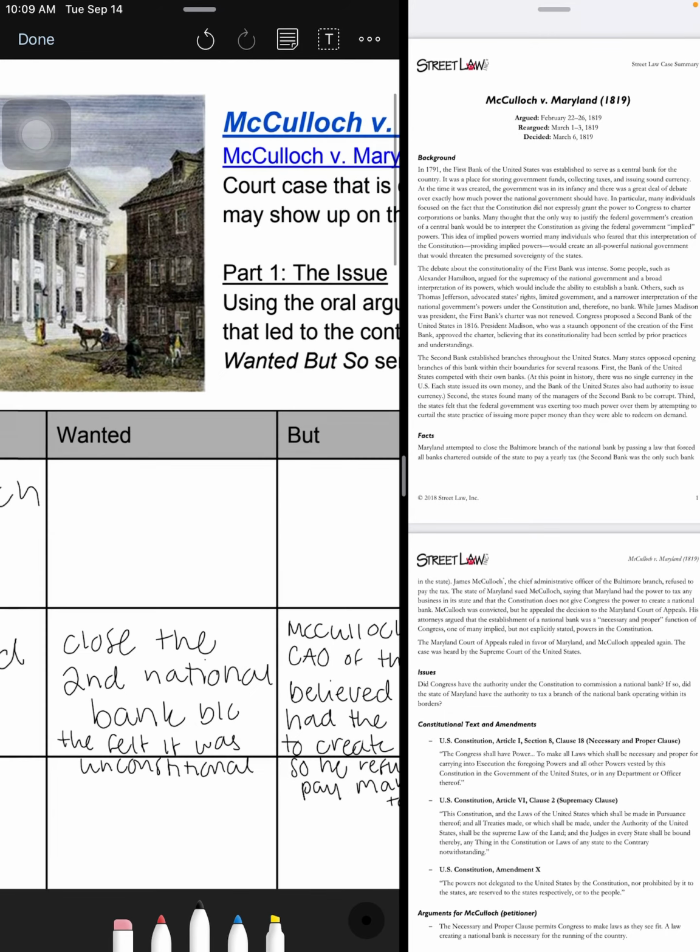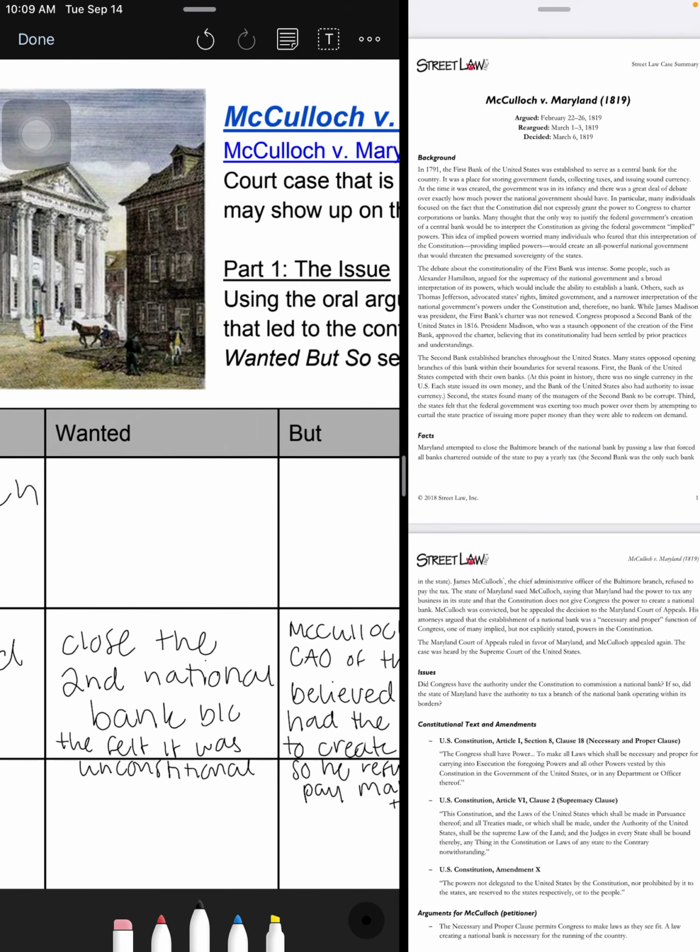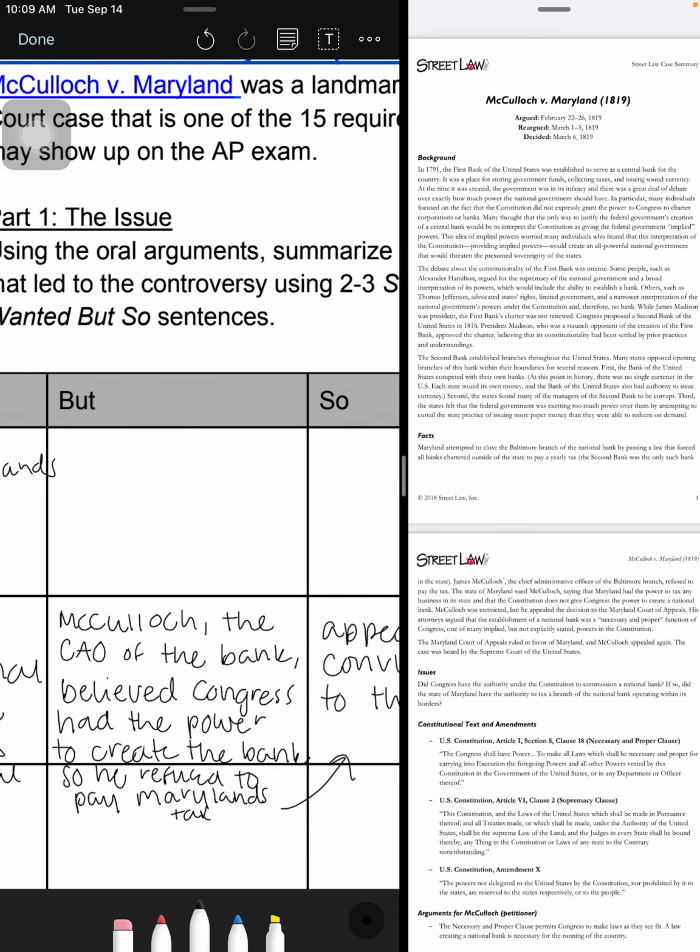So McCulloch, we could say up here that he wanted to refuse Maryland's tax on the bank. But then Maryland courts convicted him, right?